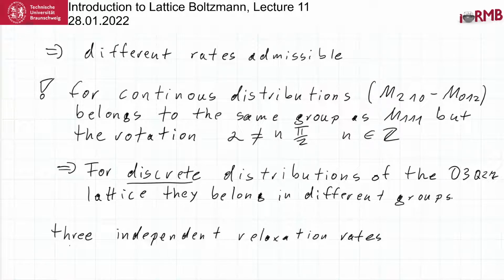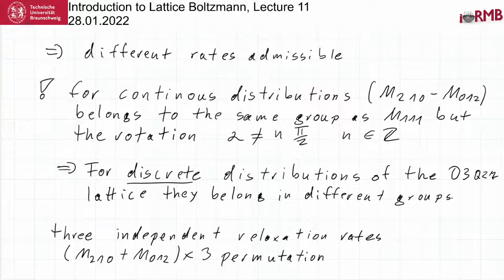So we have M210 plus M012, with three permutations. This would be omega, because it's a third order moment, omega 3, and we call this omega 3 plus.